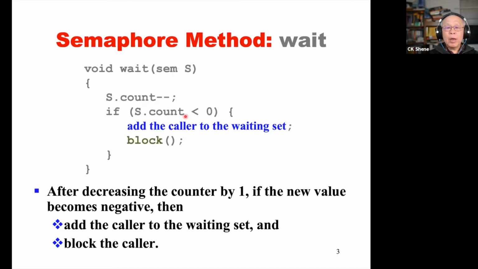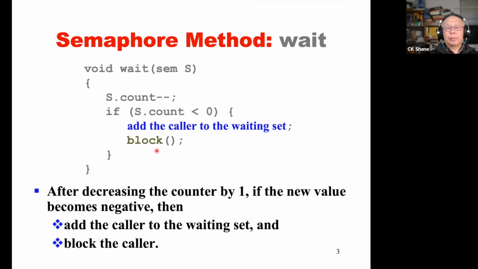If the new value of the counter is less than 0, then the caller who calls this wait method will be put into the waiting set and blocked. In other words, after subtracting 1 from the counter, if the new value is less than 0, the caller will be blocked and put into the waiting list.